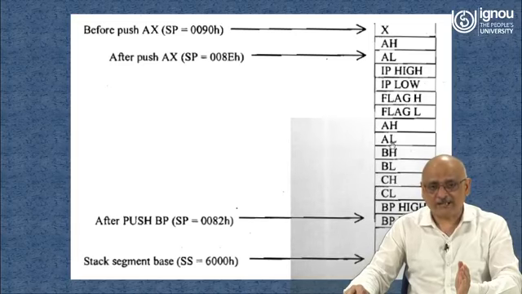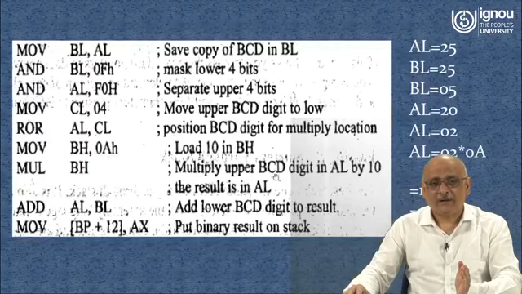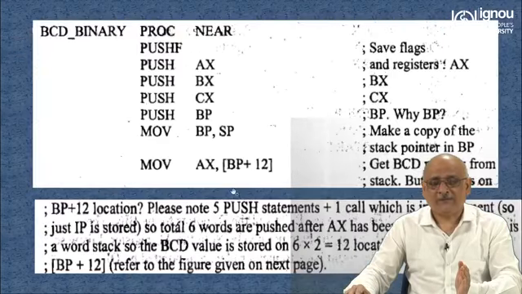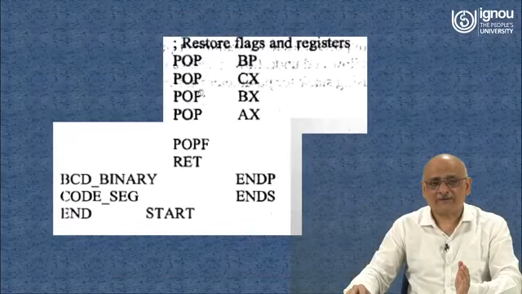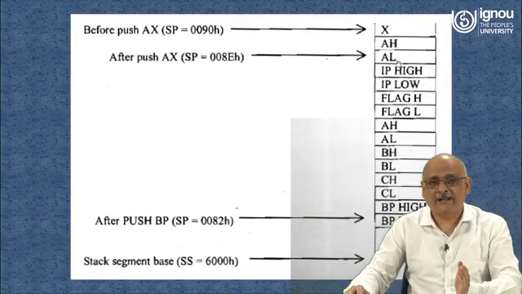Thereafter come the push statements, 5 of them. Then on the pop side, 5 pop statements will be executed, and then the return statement is going to control the movement.